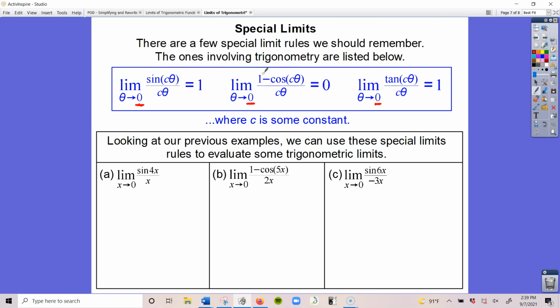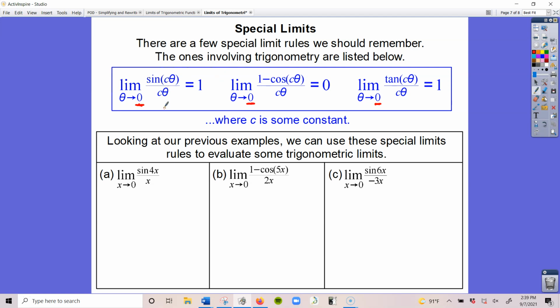For this one, we have 1 minus cosine of c theta over c theta, and that's always going to equal 0. And finally, the limit as theta approaches 0 of tangent c theta over c theta is equal to 1. So not only can we only use these limits if theta is approaching 0, but with these particular limits, they also apply for all of their reciprocals.